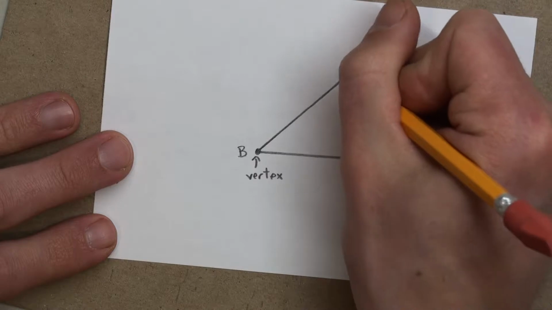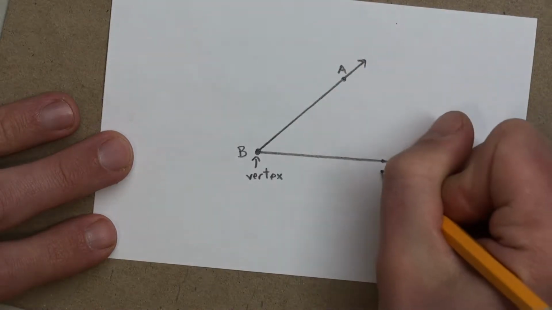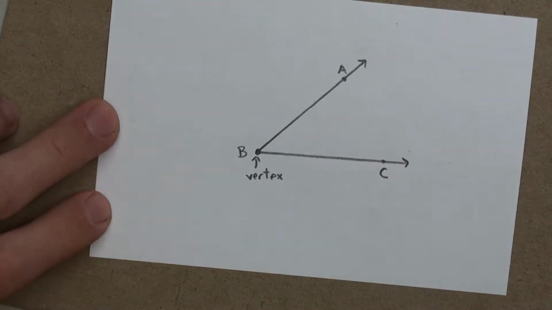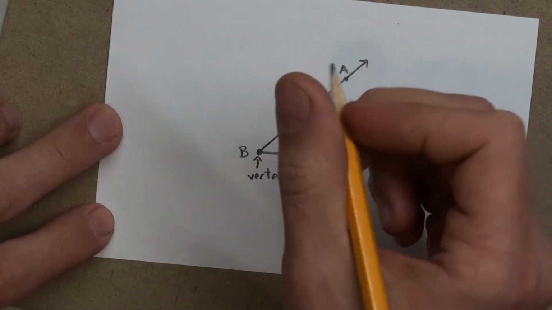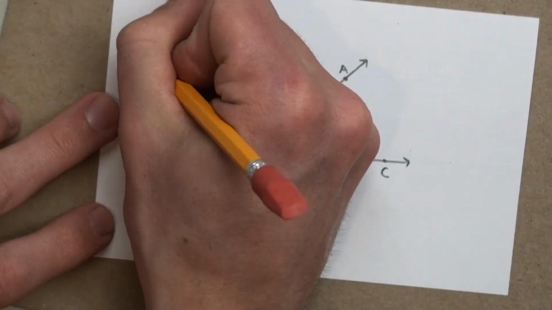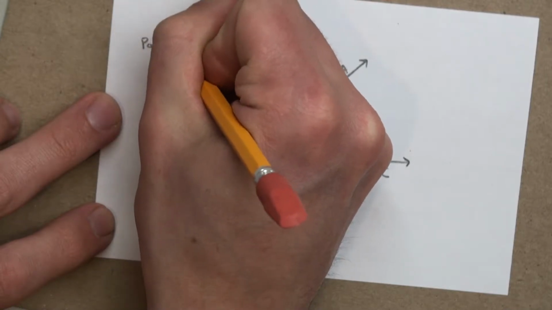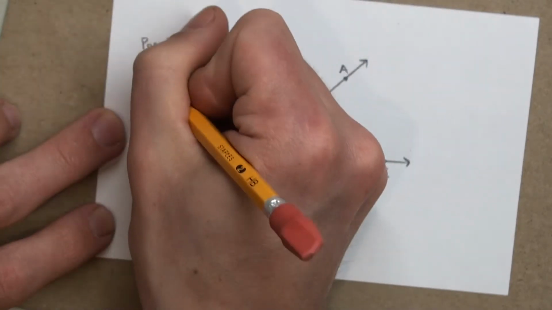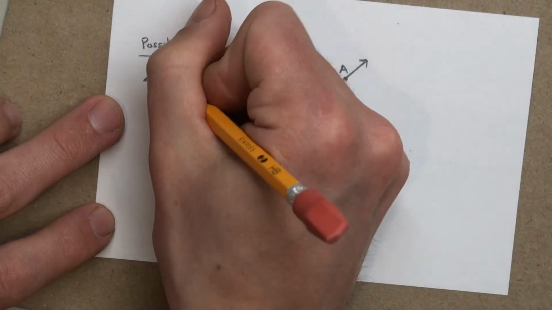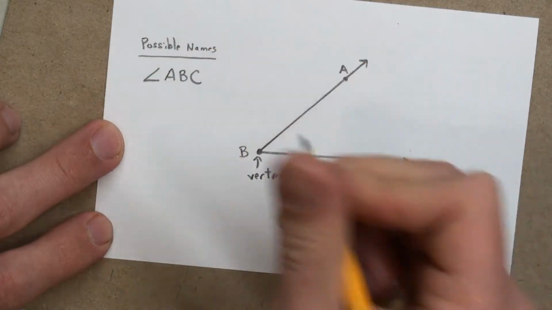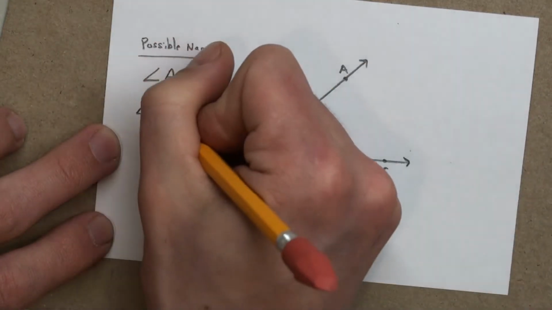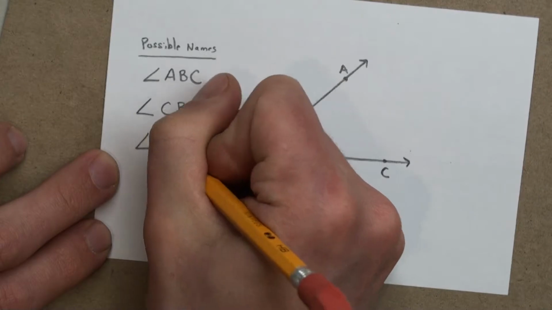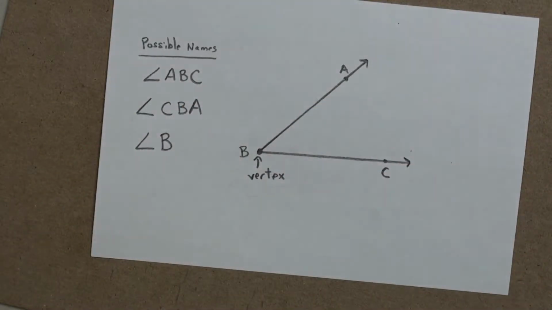And then you can have a point up here like A, and a point over here, say C. So for the possible names, it could be angle ABC, angle CBA, or you could just say angle B because it's not being shared by another angle.